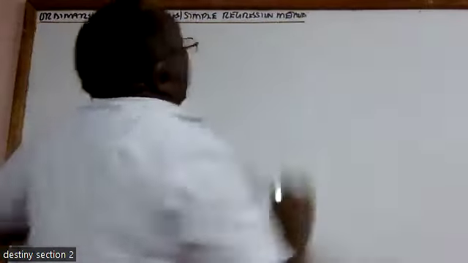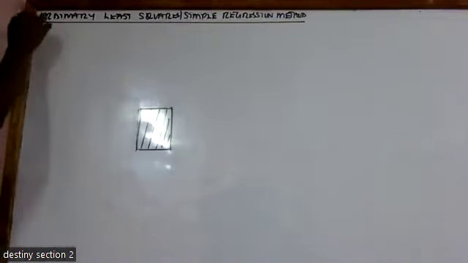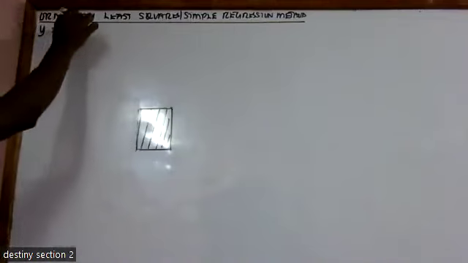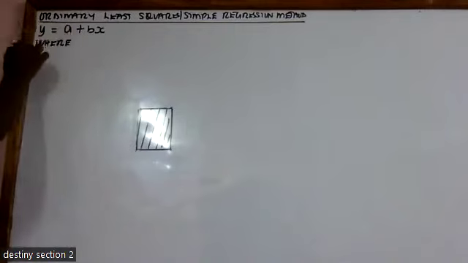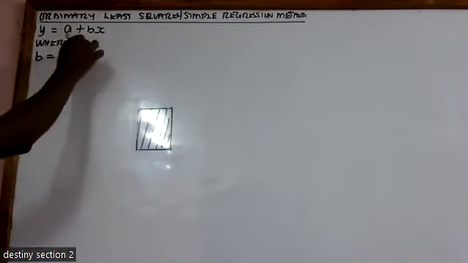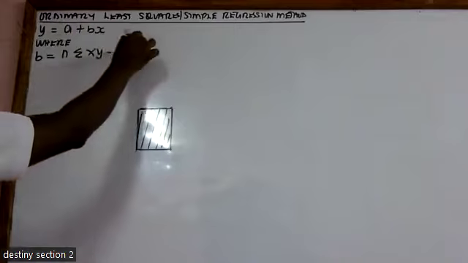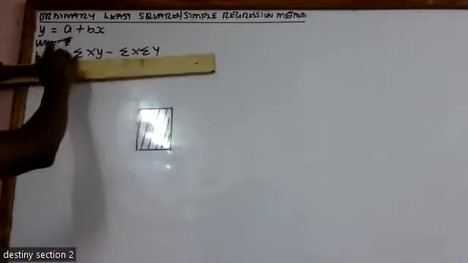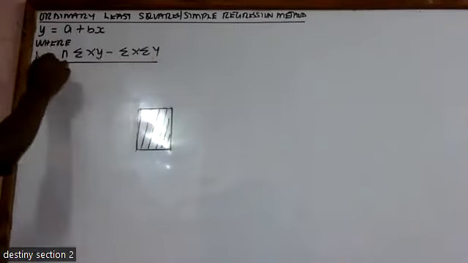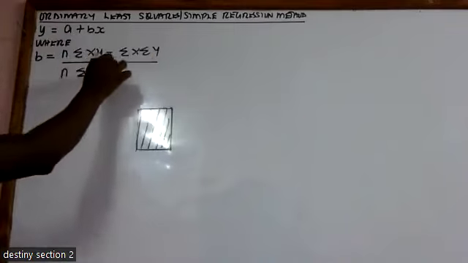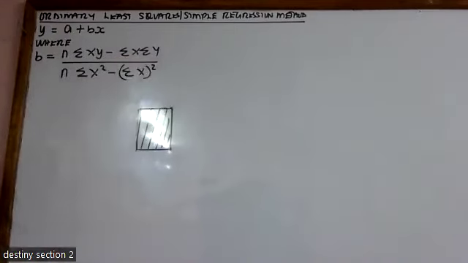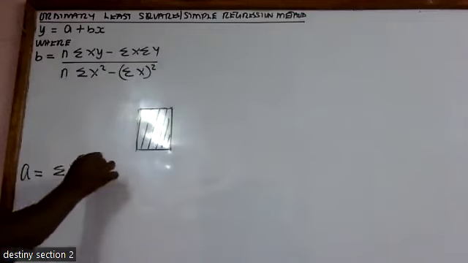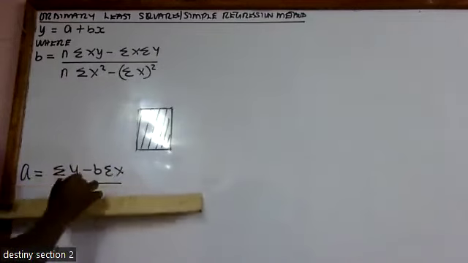The equation is usually given as y equals a plus bx, where to get b, we say it is n sum of xy minus sum of x times sum of y, divided by n sum of x squared minus sum of x, all squared. That's how you get b. And to get a, we say sum of y minus b sum of x, divided by n.